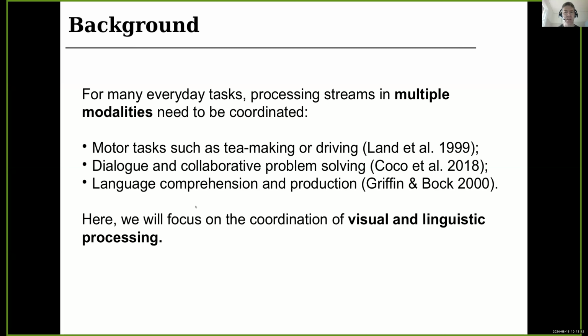Driving has been studied as well. There's a fairly large literature on studying dialogue in a multimodal way and collaborative problem solving, and this is just an example of a study that Moreno and I have done. And of course, in language comprehension and language production in particular, there is the work by Griffin and Bock, going back to the early 2000s, who looked at language production in a visual context.